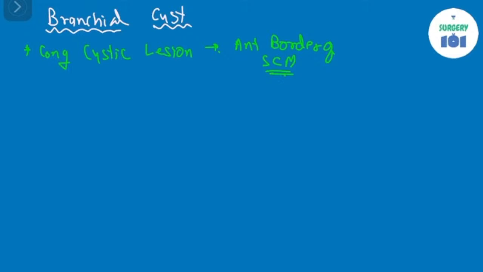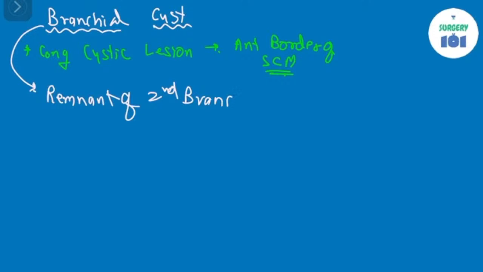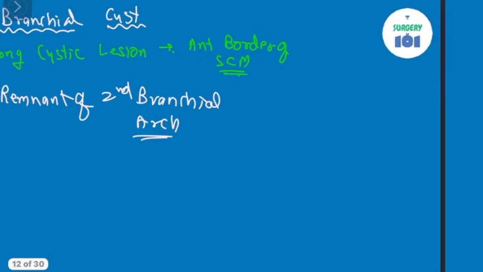Now, what you need to understand over here, what is this branchial cyst? So, this is basically a remnant of a second branchial arch or pouch or whatever. So, it is a congenital remnant of second branchial arch.